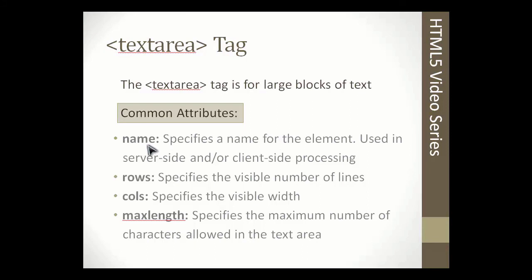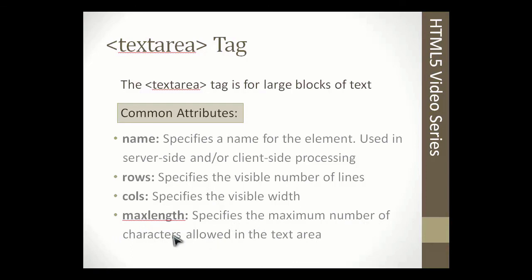And the text area tag takes the name attribute just like the input and pretty much the rest of the input type tags, and it has a rows and a cols attribute. The rows would specify the length, the number of lines of the text area, and the cols would specify the visible width, so it would be the number of vertical columns.